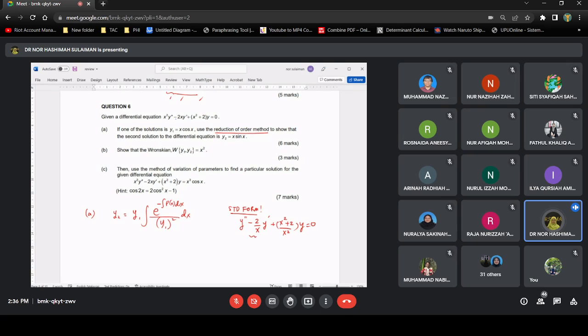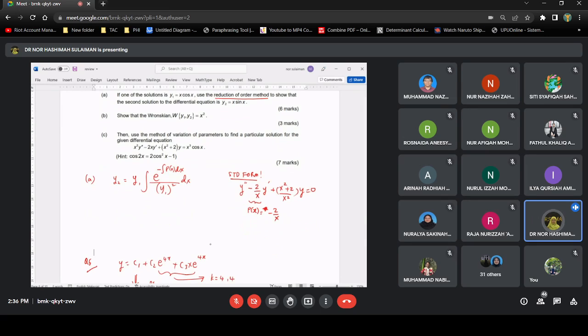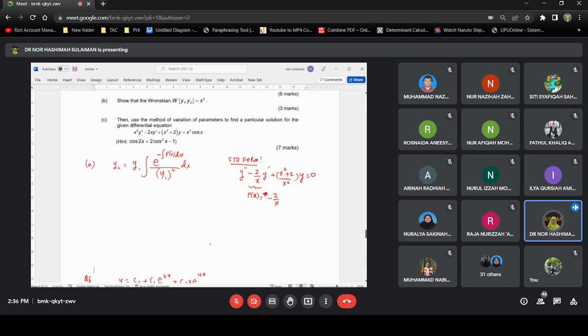Okay, now this one is very important. You take the negative along with you, right? The negative sign along with you, because if you simply leave out the negative sign, you'll be getting the incorrect answer lah later. So you just plug in whatever function that you have here. y1, what is y1?